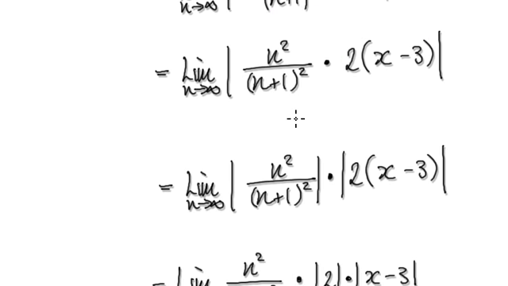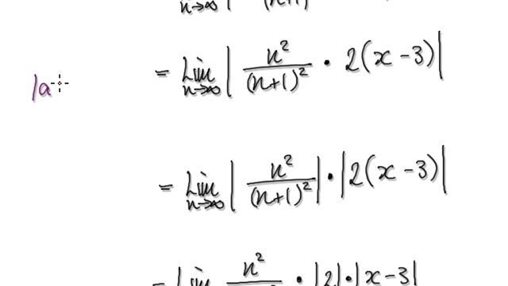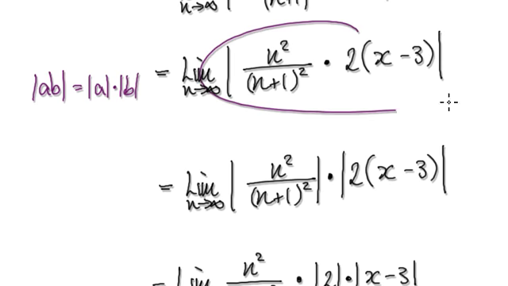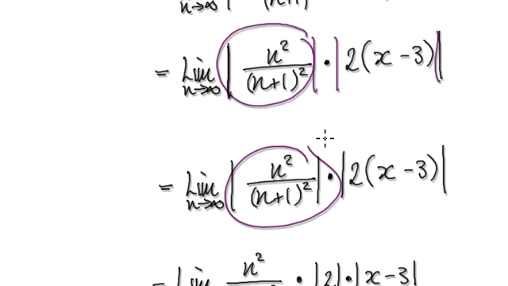So from here, remember the absolute value of a times b is the same as the absolute value of a times the absolute value of b. So imagine this as being absolute value here and then absolute value here. So this thing here will then become this.